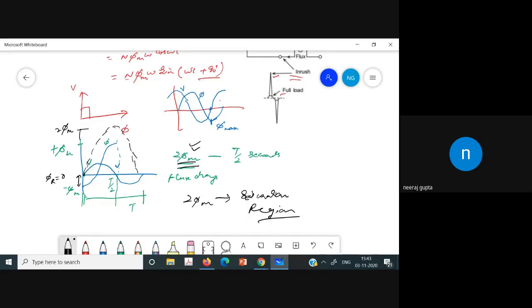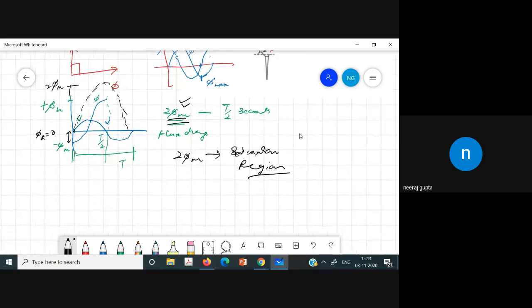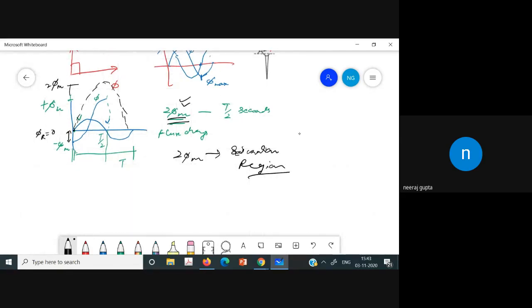It draws a large magnetizing current because when we are operating in the saturation region, we don't have a linear relationship between B and H, and as a result we will have a non-sinusoidal waveform.